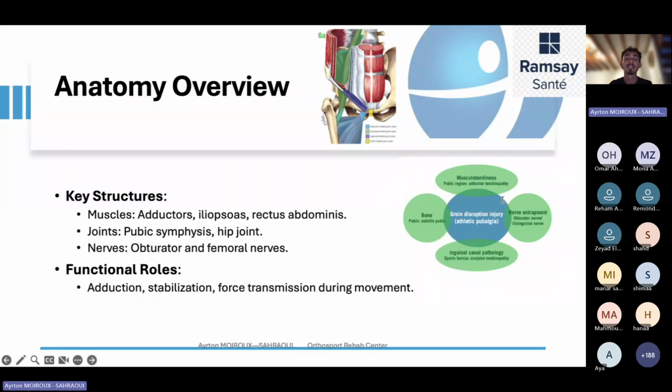When one element is compromised, whether by muscle weakness, imbalance, or joint instability, the entire kinetic chain can be affected. This can lead to abnormal load distribution and increased risk of injury. By understanding these detailed anatomical and functional relationships, we can better appreciate how injuries occur and how they should be managed.